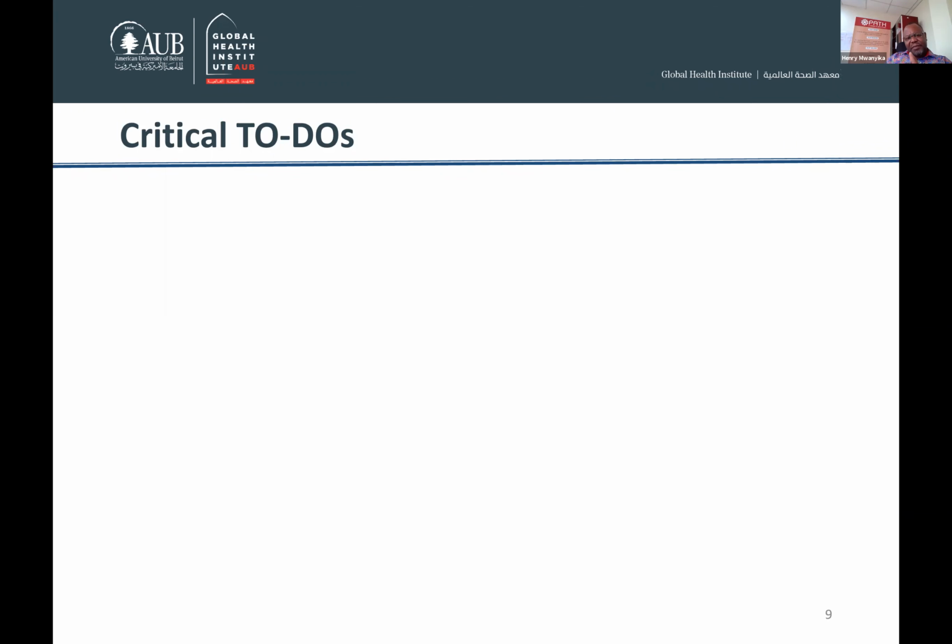Some of the things, because I wanted to share the slides just now, in terms of what are the critical to-dos. One of them is stakeholder engagement. This is extremely important because you need to have different viewpoints, people to be committed, buy-in of all stakeholders within and outside the government. Most importantly, you need to get buy-in also from senior government officials.